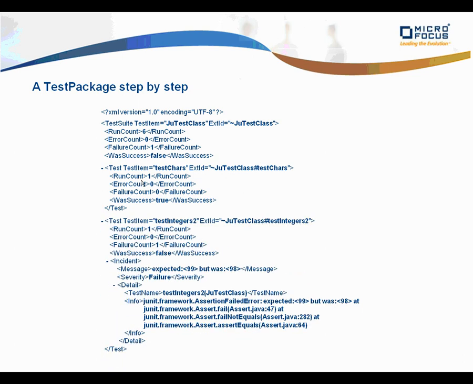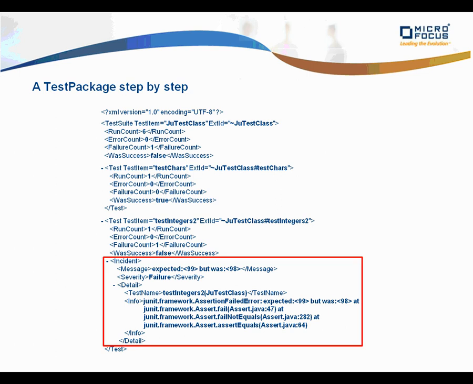Now we can see another test within our suite, but now we can see that there is a failure here. And for the test specifically, if you have a failure, you want to have the description of the failure. In order to describe the failure situation, you will use an incident element.